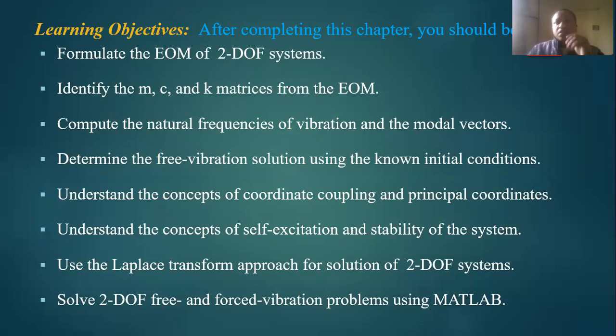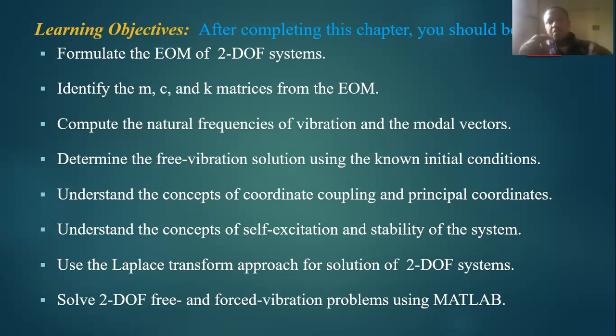So the learning objective of this chapter, especially 2-degree of freedom system, is to formulate the equation of motion of 2-degree of freedom system, to identify the mass, the stiffness, and the damping coefficient matrices for the equation of motion, to compute the natural frequencies of vibration and the mode shapes.